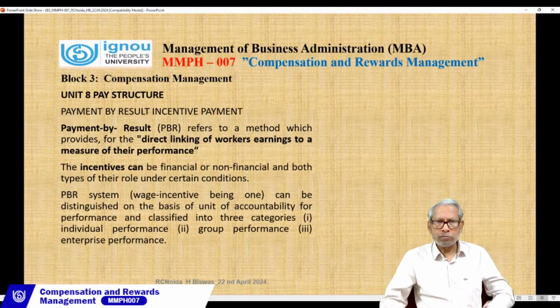The PBR systems, basically the payment by result systems, are classified into three categories. Number one is individual performance, two is group performance, and third is enterprise performance.